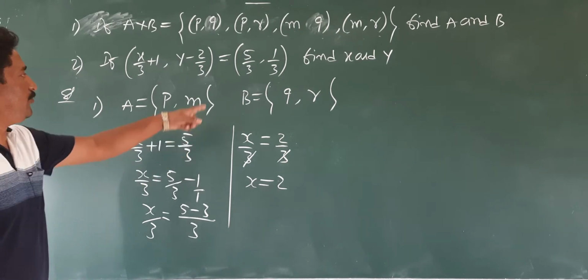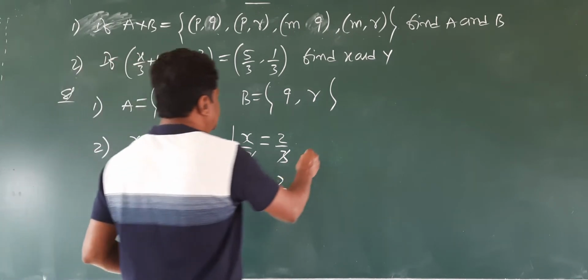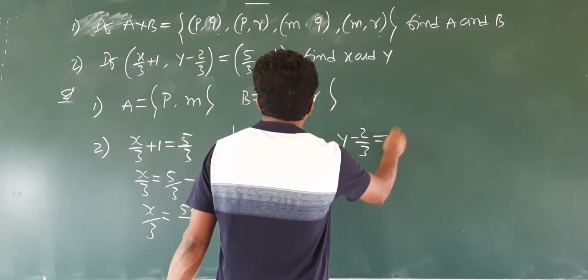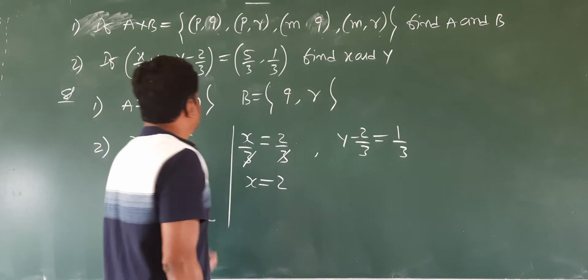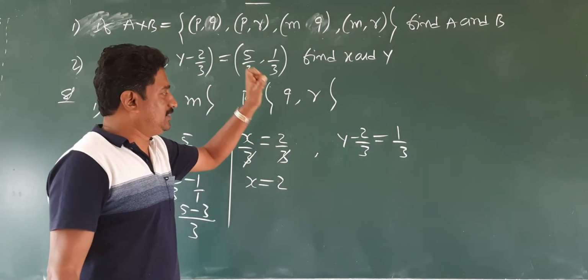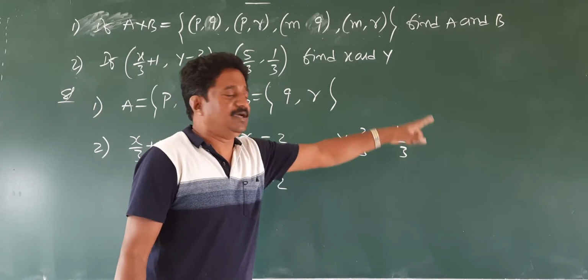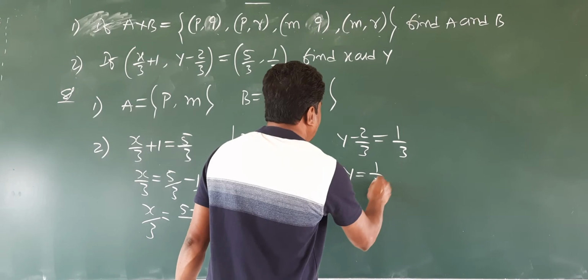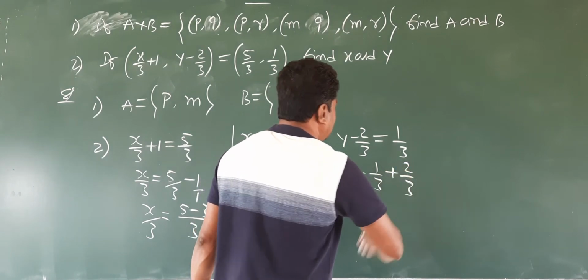Next, let's think of finding y. So y minus 2 by 3 is equal to 1 by 3. Send minus 2 by 3 to the right side. So y equals 1 by 3 plus 2 by 3.